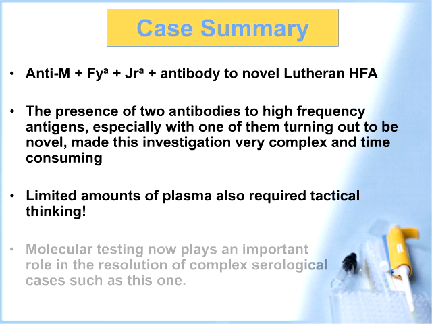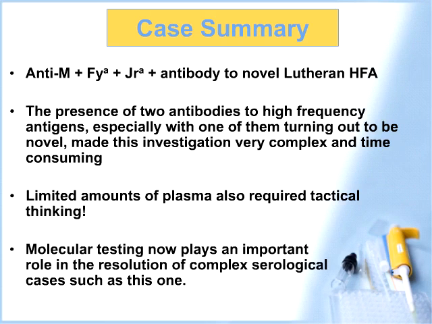We had limited amounts of plasma, so it also required a bit of tactical thinking, because you sometimes can't get another sample from the patient, and in this case, we couldn't. And I think this case highlights that molecular testing now plays a really important role in the resolution of complex serological cases such as this one.